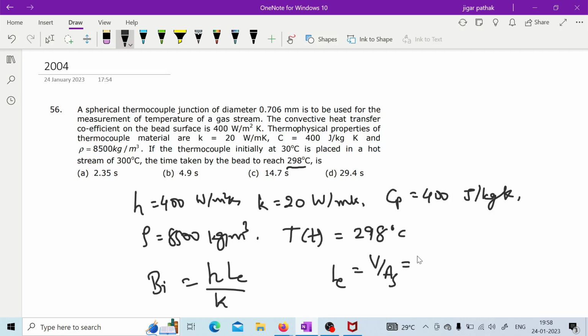What is the volume? Here volume will be pi by 6 d cube, right? And the surface area is pi d square. So with this, your characteristic length will be d by 6. D is given as 0.706.